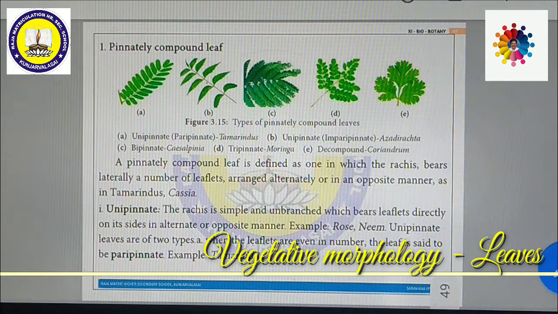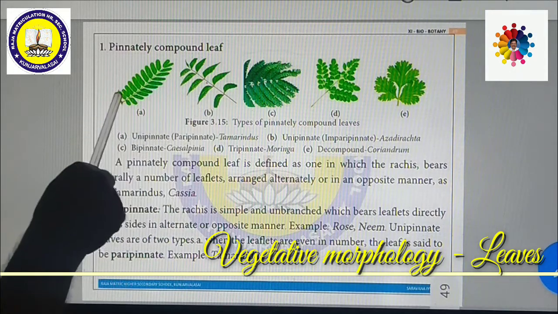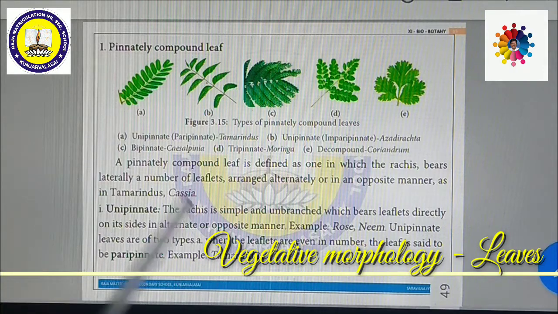Unipinnate: the rachis is simple and unbranched. There is no branch. It bears leaflets directly on its side in alternate or opposite manner. Example, rose plant, neem plant. The unipinnate leaves are of two types.